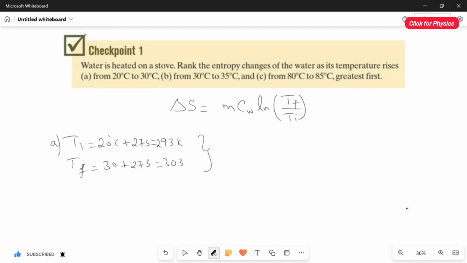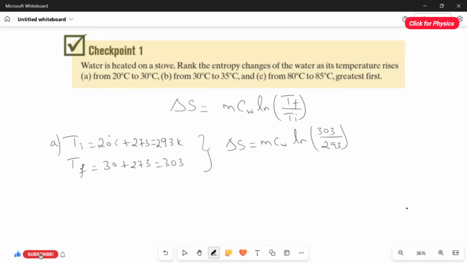Now, for this, I'm going to use this formula. Only I'm going to consider the temperature. So we can write delta S, which is equal to m C_W natural log of final temperature over initial temperature, which is 303 over 293.